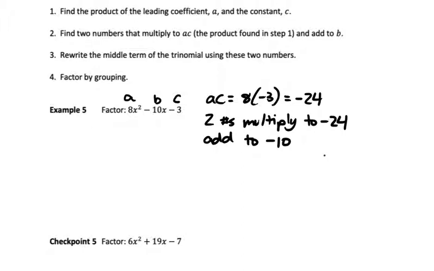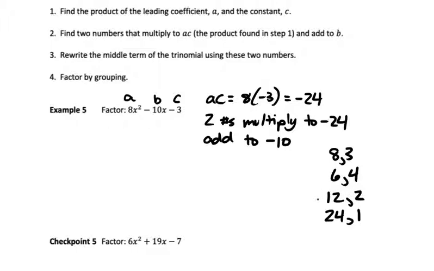Pairs of numbers that multiply to 24 are 8 and 3, 6 and 4, 12 and 2, and 24 and 1. Now, they're multiplying to negative 24, which means that we need to have one positive and one negative. And this one is a little bit tricky because you want to choose 6 and 4, but that's not right because when they add to negative 10, they're really subtracting to 10 because you have one positive and one negative. And so the correct answer here would be 12 and 2.